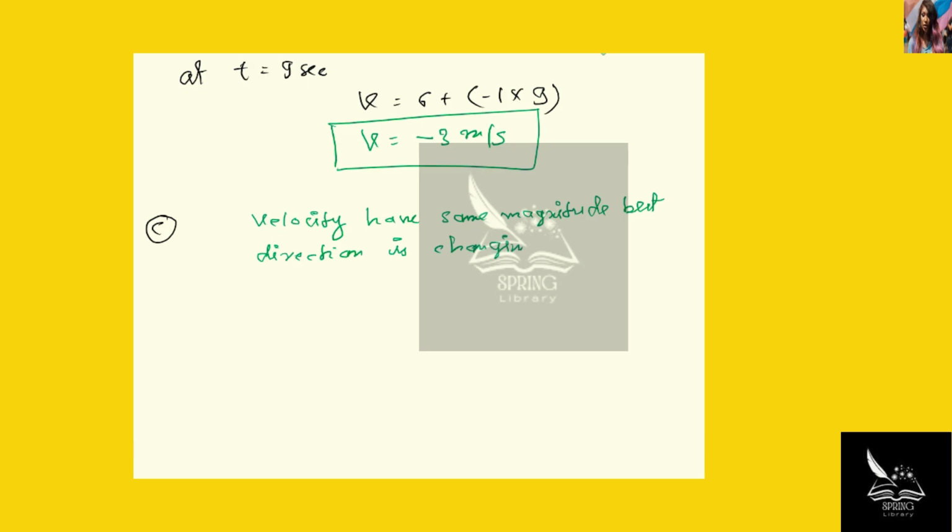We can see above 3 meter per second and minus 3 meter per second, but the acceleration is constant and not changing direction.